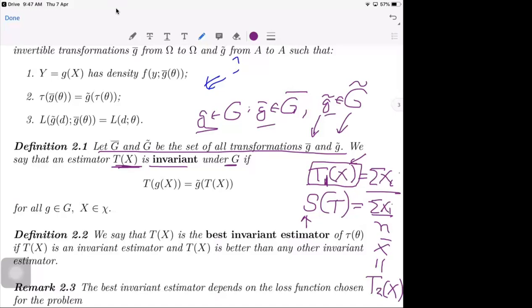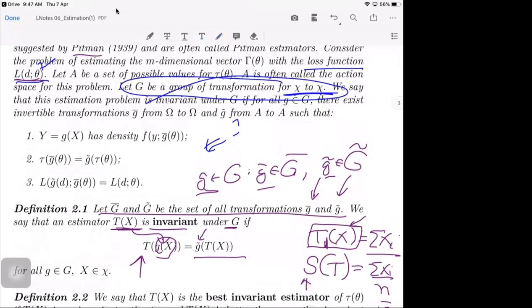Okay? So this T of X is invariant under G if we do a transformation on our X and apply it on T, then this is just the same as G tilde. This G tilde is on your action space, no?